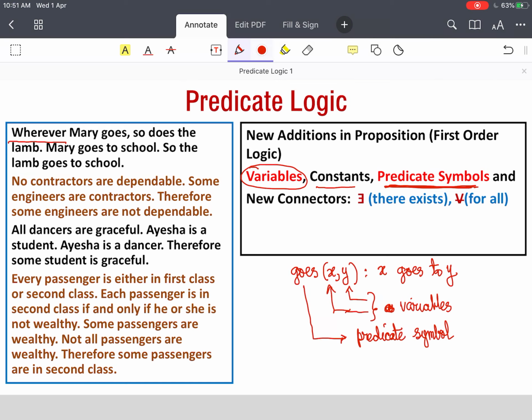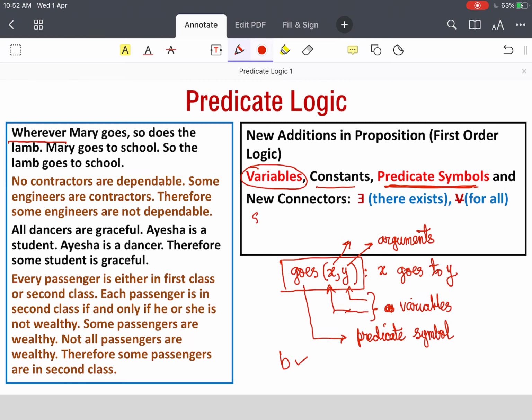A Boolean variable is a predicate symbol with no arguments. A Boolean proposition or a Boolean variable, if I had written B, can take true or false. Similarly, a predicate can also take true or false, but it can have some variables as arguments. So these variables as arguments become a very important aspect in which we enhance the power of propositional logic to get this new logic.